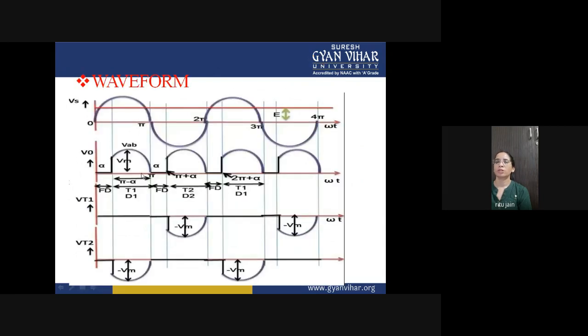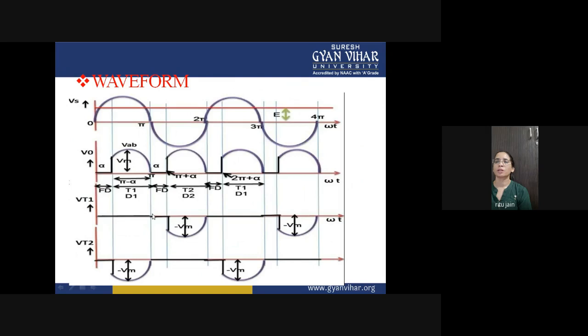At an angle alpha you are triggering the SCR, so you are getting the output voltage VAB.